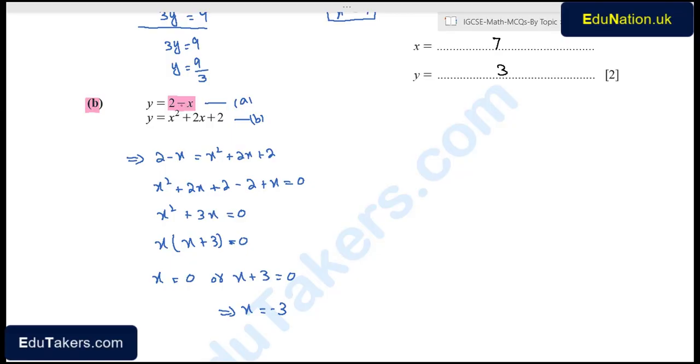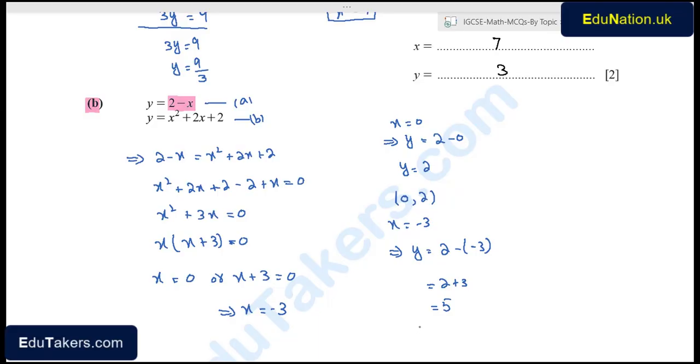Let's replace these values in A. So when x is 0, y = 2 − 0, y = 2. So the solution is (0, 2). When x is −3, y = 2 − (−3) = 2 + 3 = 5.